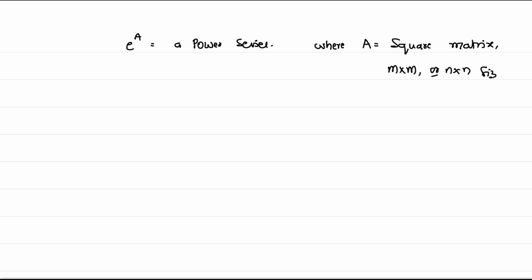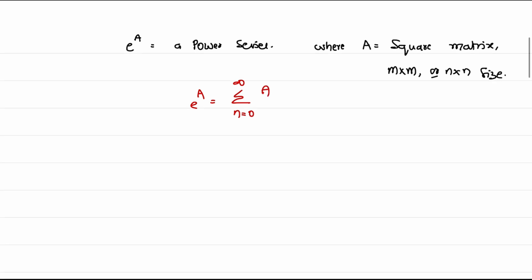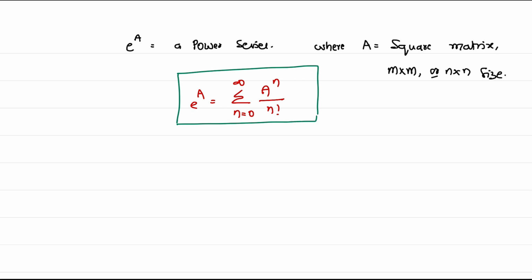It's a square matrix. If it is a square matrix, then the value of e to the power of A is defined as sigma n equal to 0 to infinity, A to the power of n by factorial n. This is the meaning of e to the power of A.